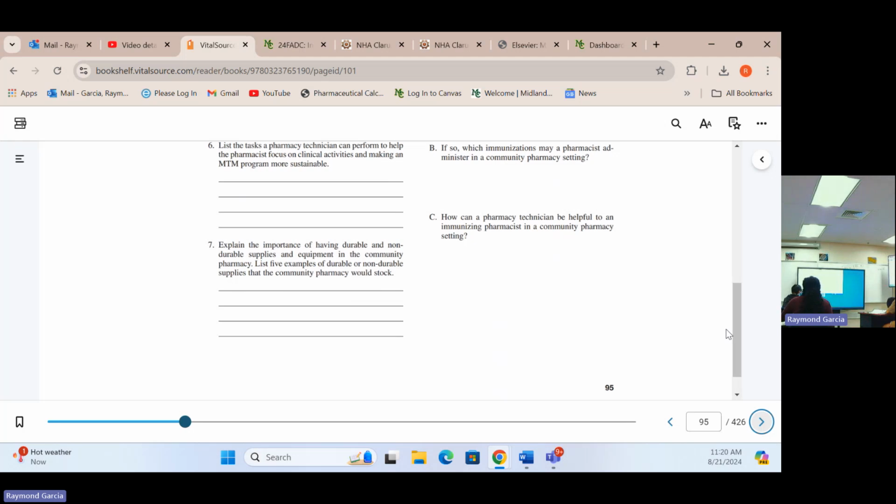Durable and non-durable supplies and equipment. The number of elderly patients has increased, resulting in a growing need for these products and services. Patients prefer to be treated and to convalesce in their home.